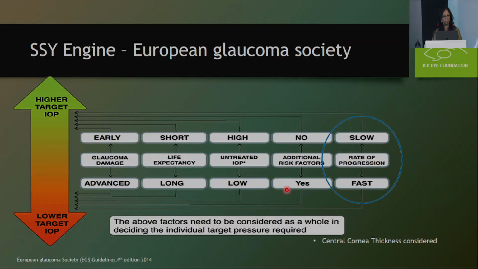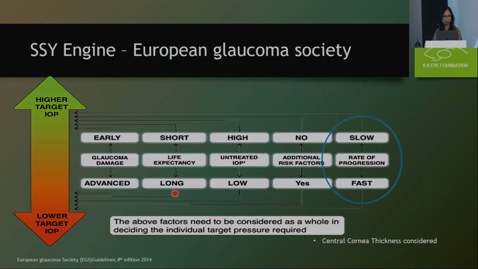If you look at this, safe sight years, they call it, and this was devised by Anders Heijl and Bengtsson from Allergan and Zeiss together. It's a very informative graph that they've done. If the glaucomatous damage is early, higher target IOP. If it is advanced, then lower target IOP. If life expectancy is short, higher target.